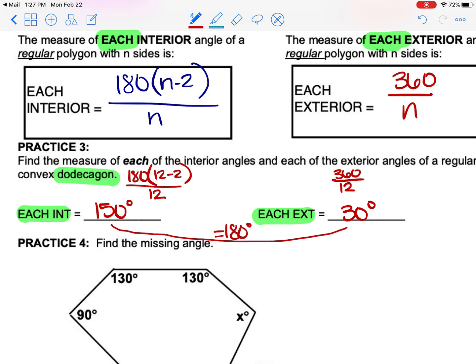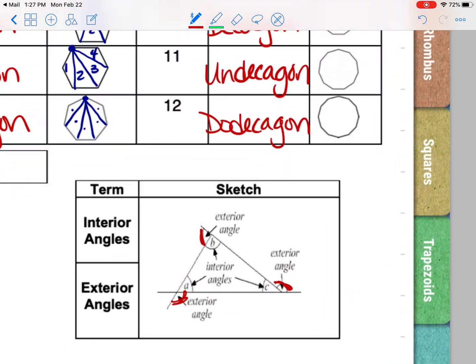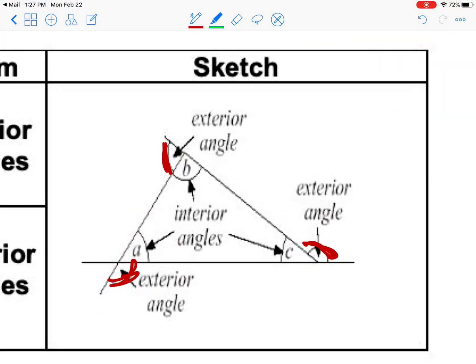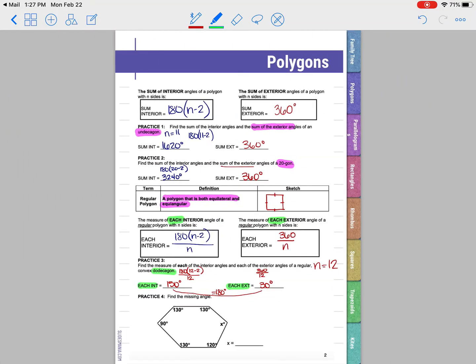Always, because, and let's go back to this picture over here, your interior and exterior angle are a linear pair. So if you know one, you could always find the other if you forgot the formula. You always have the formulas to rely on, but you also know that those two angles, your interior and exterior angle, just the angle, not the sum, will always add up to 180.